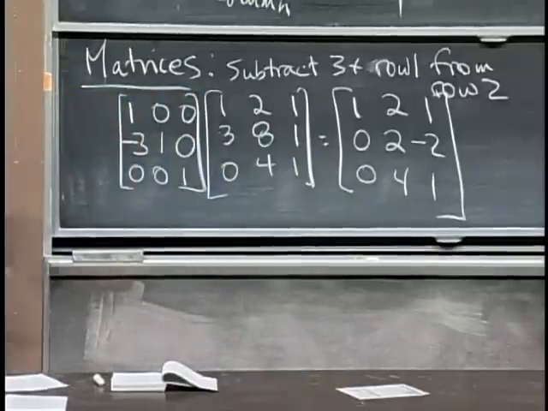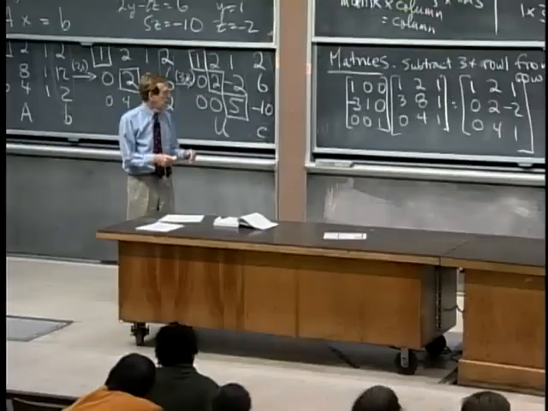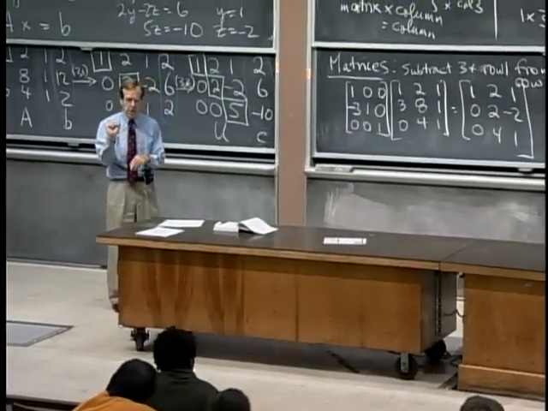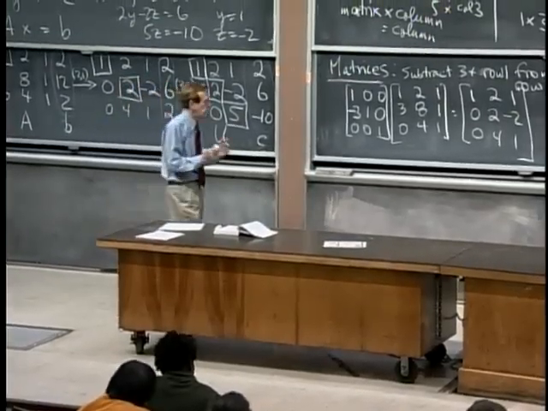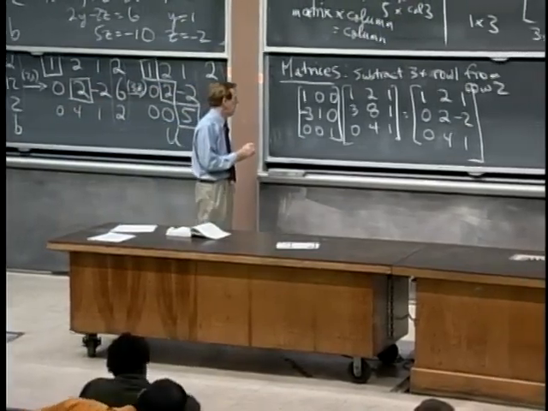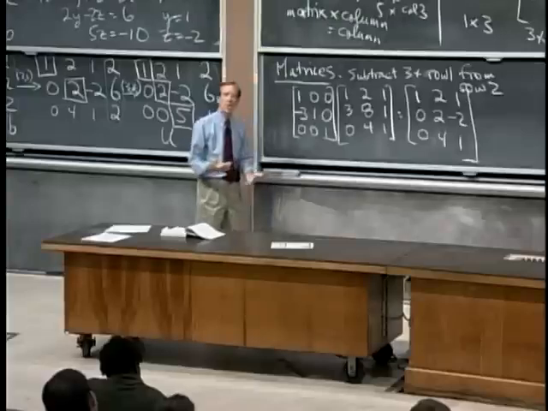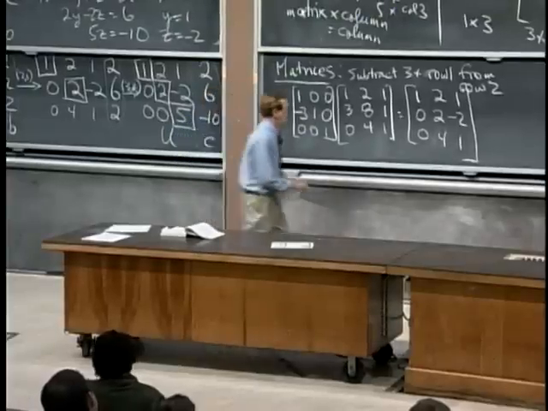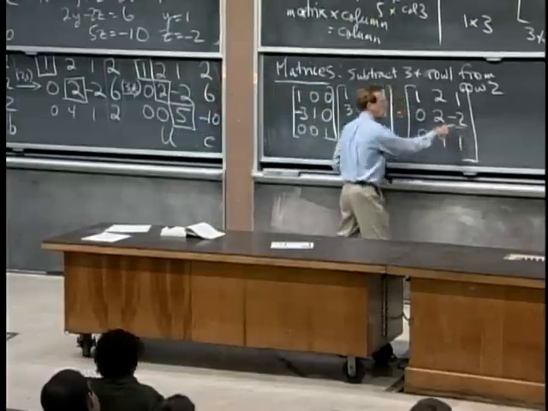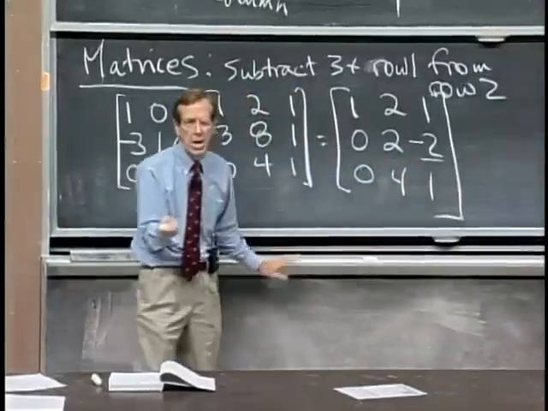Should we check some particular entry? How do I check a particular entry of a matrix in matrix multiplication? Suppose I wanted to check the entry in row 2, column 3.